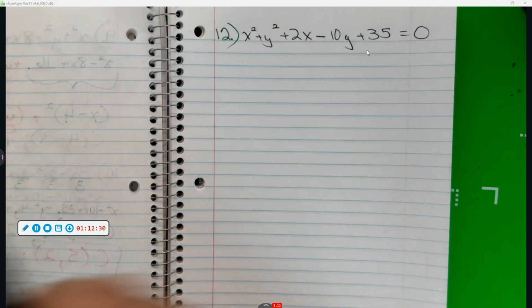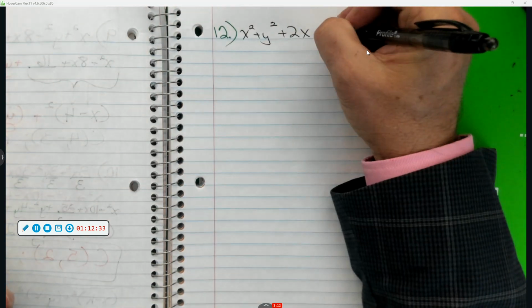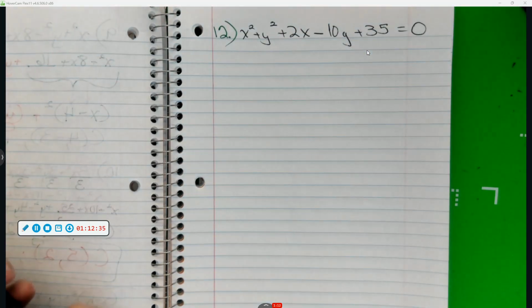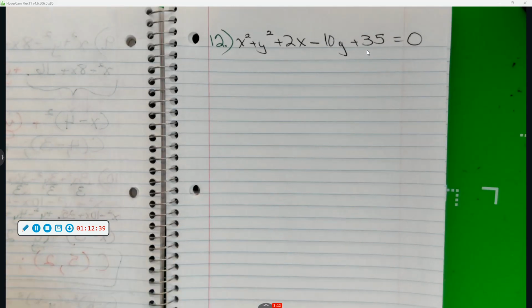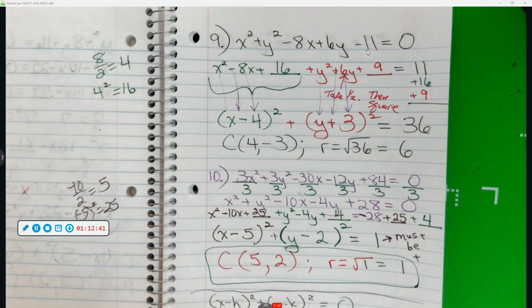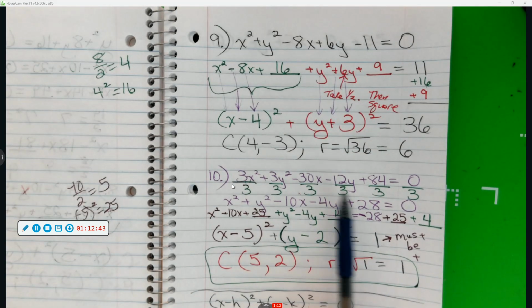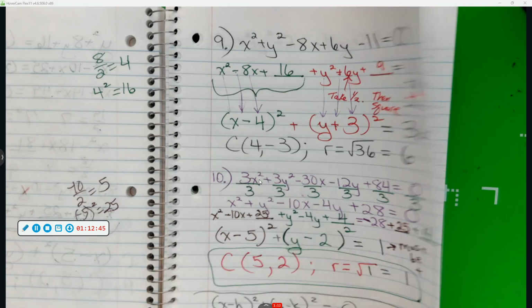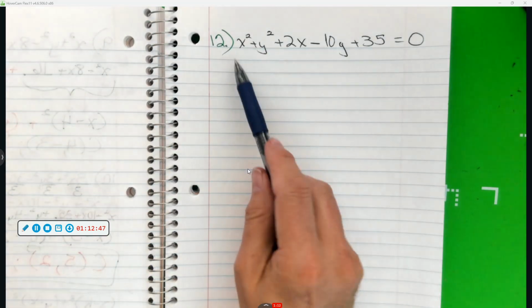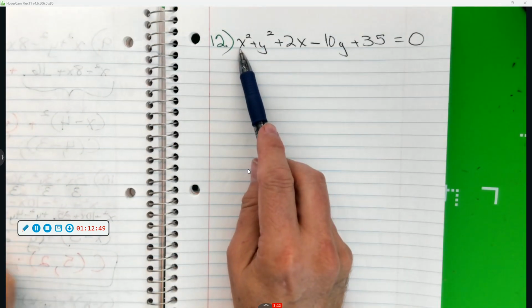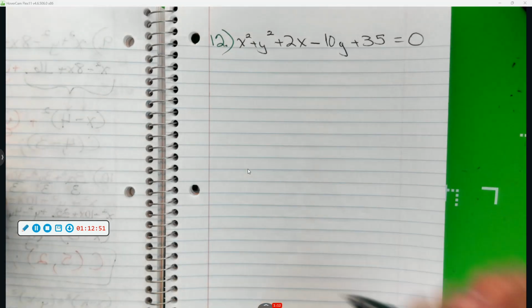That looks like a funny-looking 10. Hey, am I going to have to divide through the way I did on that last problem? Remember on that last problem we had to start off by dividing through? Are we going to have to divide through here? No, because we already have the leading coefficients of 1. We group the x terms together.